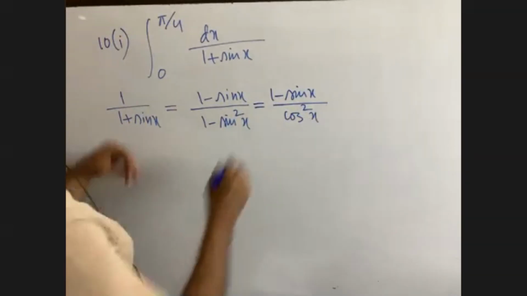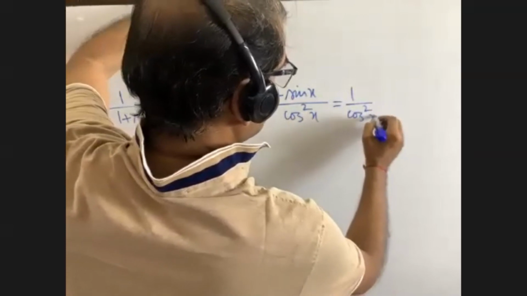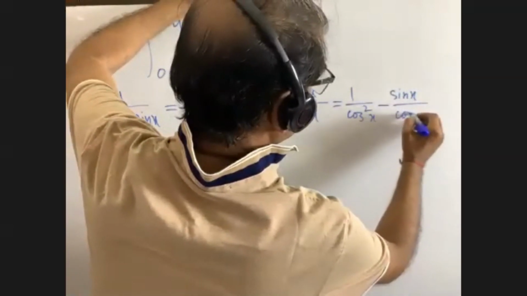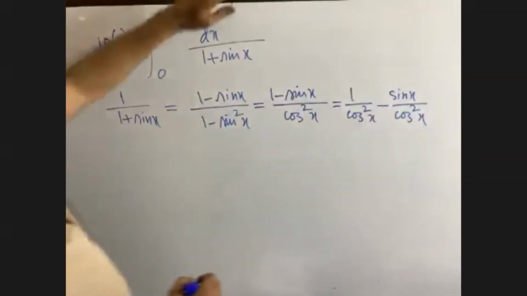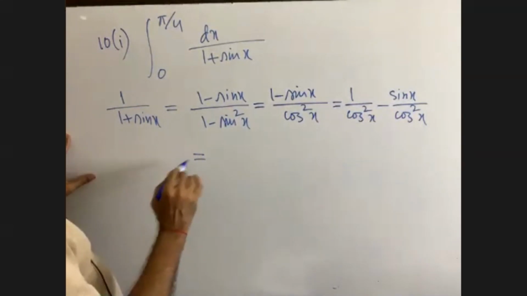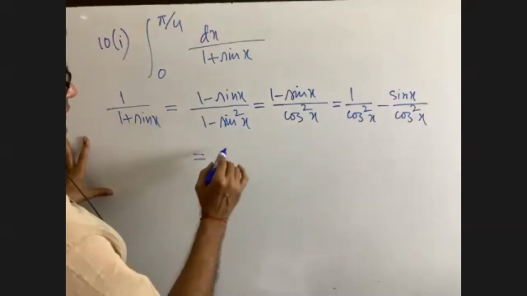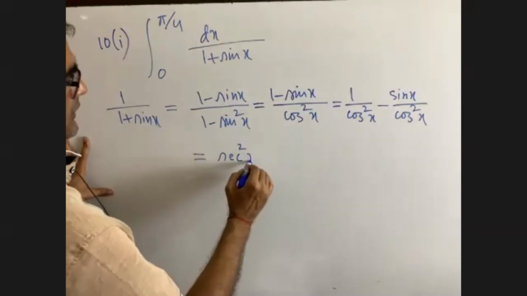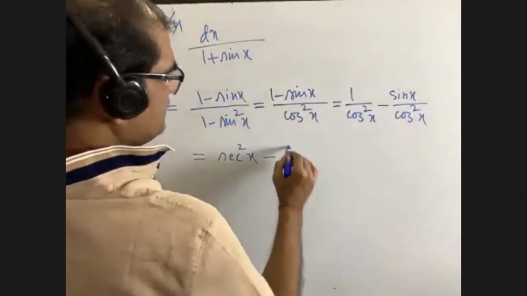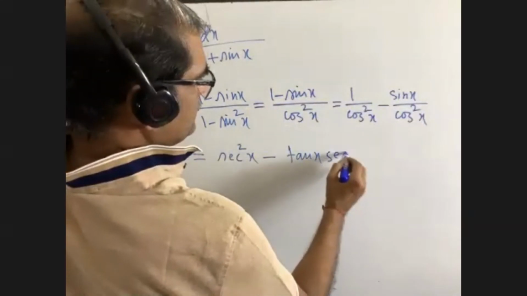That means 1 by cos square x minus sine x by cos square x, right? Now what is 1 by cos square x? Sec square x. And sin x by cos x is tan x, and again 1 by cos x is sec x.